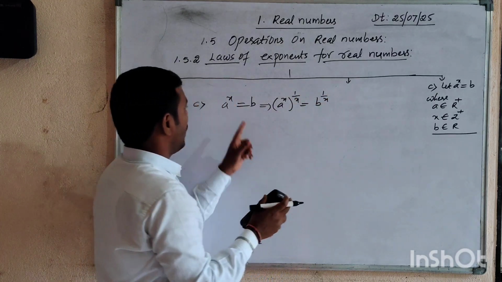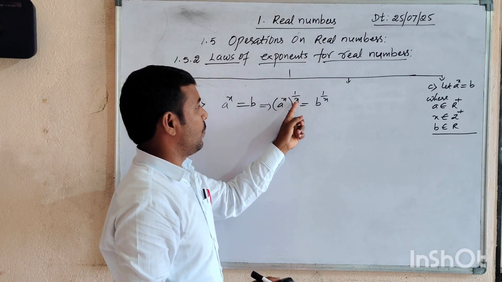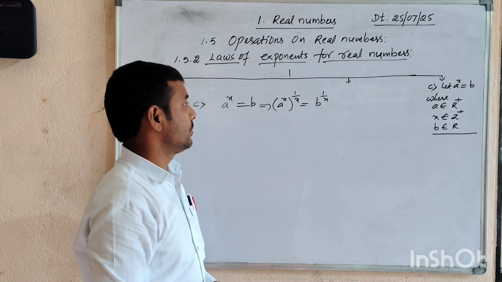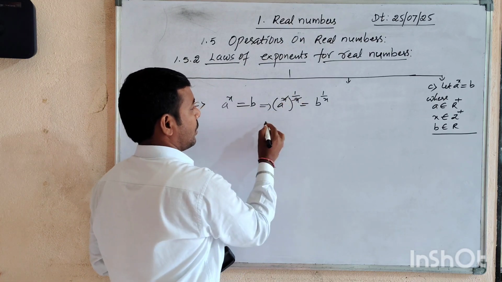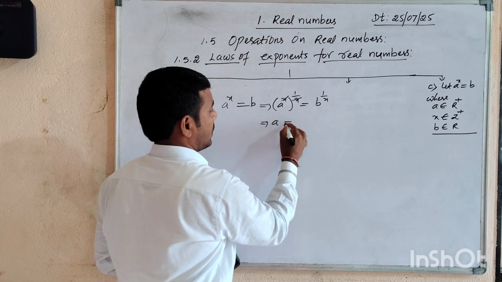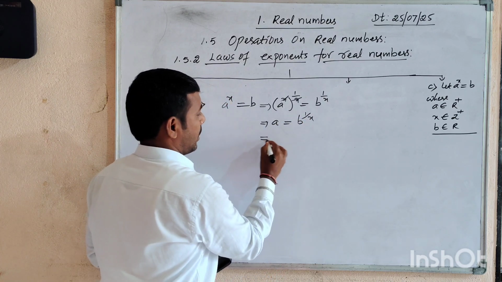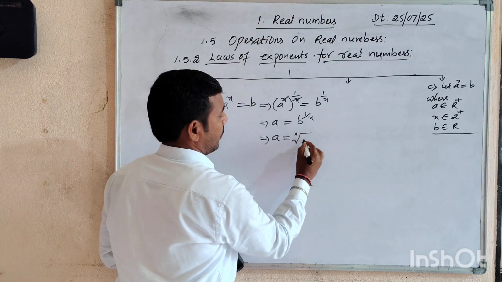To eliminate this x, I am applying 1 by x on both sides in power notation. Through that, both will cancel. Now I got a, which is b to the power of 1 by x. This can be written as a is equal to x root of b.